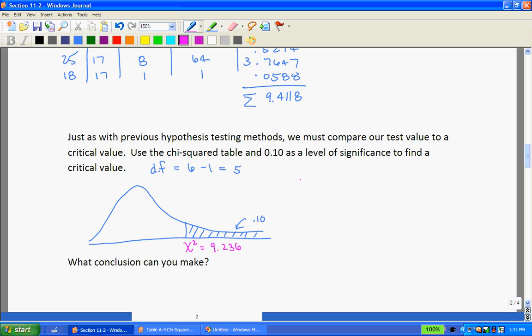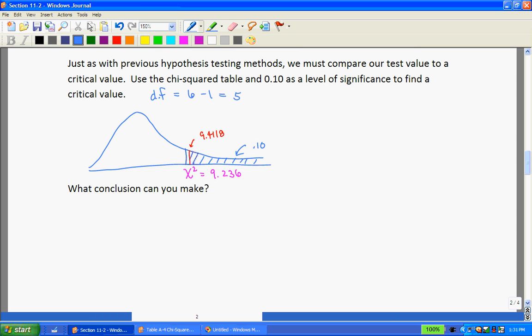Okay, now just like we've done in a lot of other tests before, I need to compare my test value that I obtained from doing the observed minus the expected, squared, all that, compared to this critical value. Well, we got previously 9.4118, which barely, it just barely falls in that area, that rejection region.